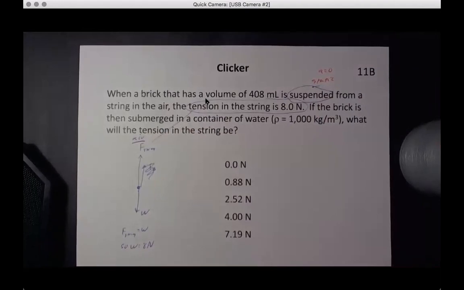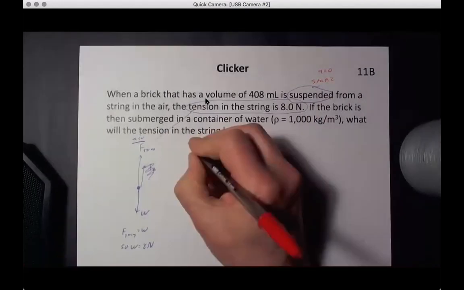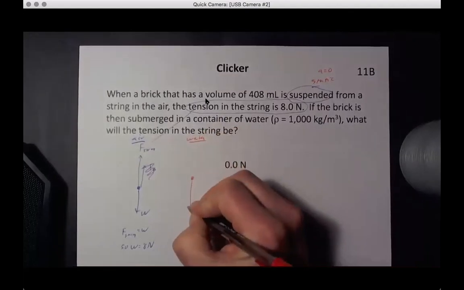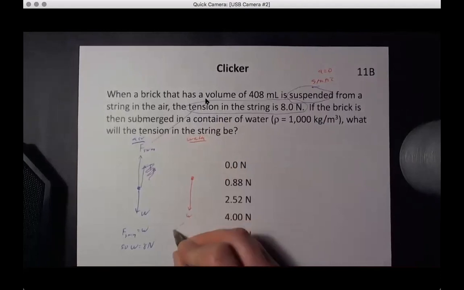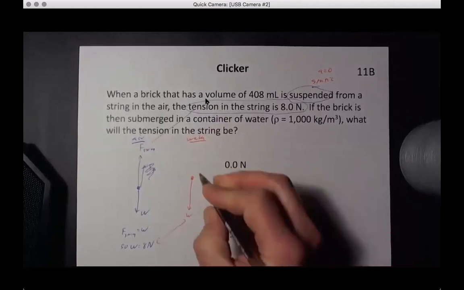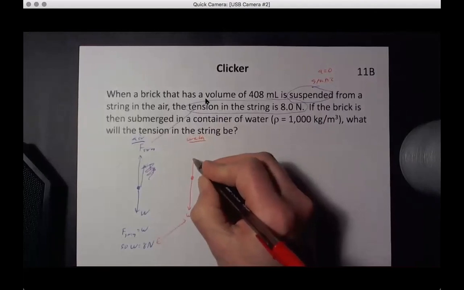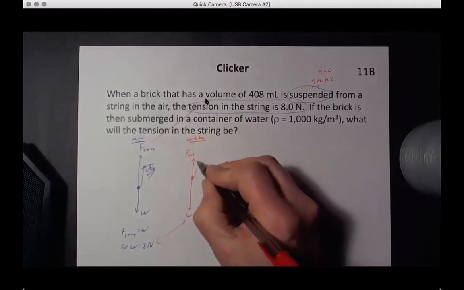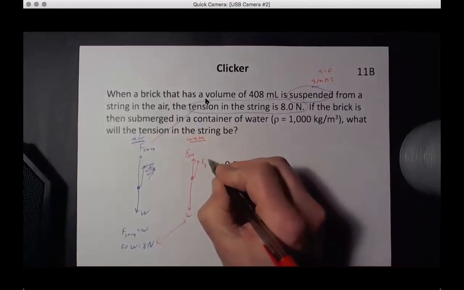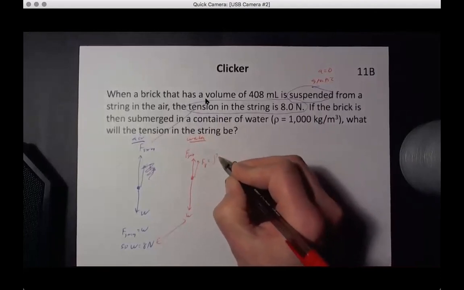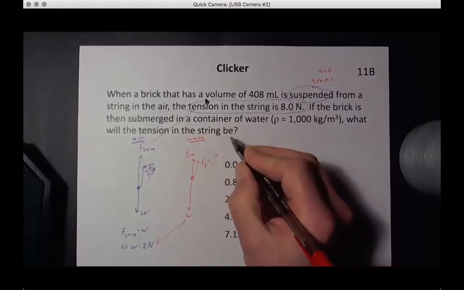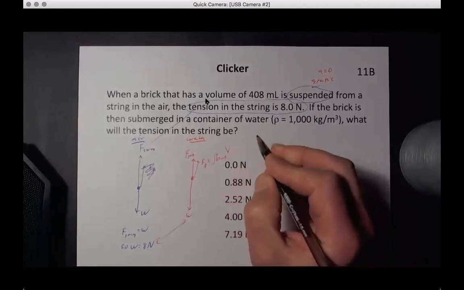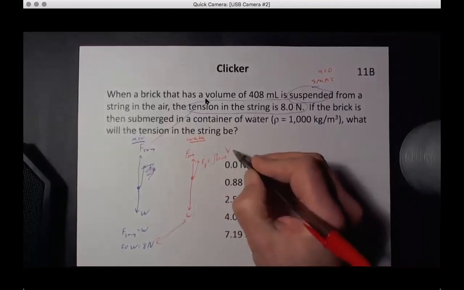Okay, now we go into the water, where we have the same W down, which doesn't change. We have a different string force up, and we have the force of buoyancy up. Force of buoyancy is rho of the fluid times the volume of the object times g.